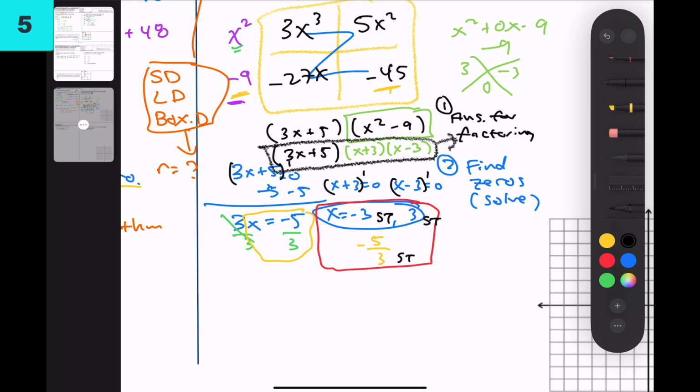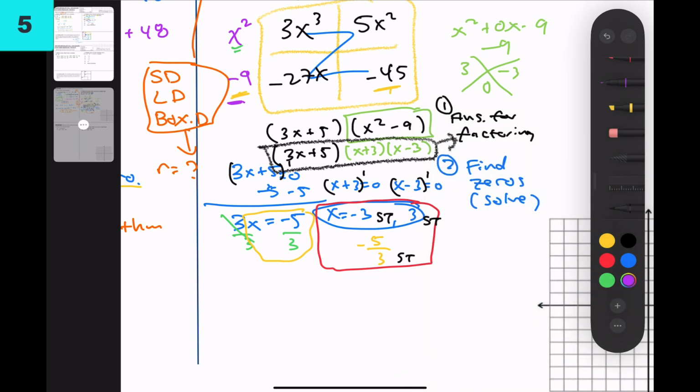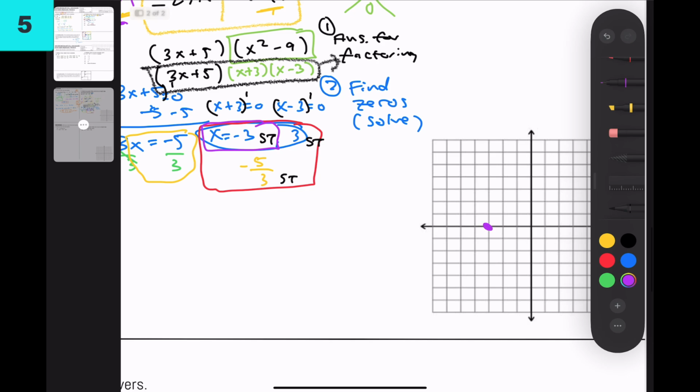Okay, let's try to graph it now. Let's use different colors. So -3. This is a +3. -5/3, put in your calculator. -1.67. -1.67 is between -1 and -2.